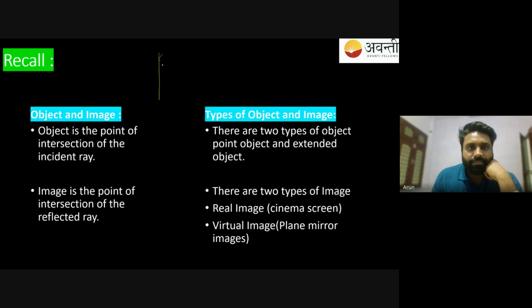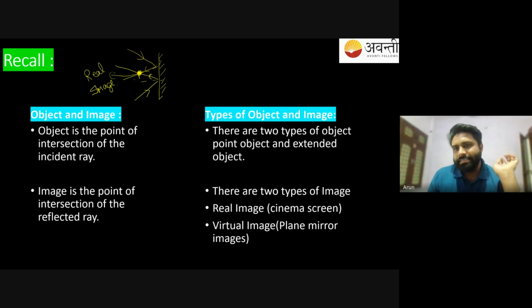If this is a mirror, and these are the incident rays, after reflection they will go in this direction, and they are actually meeting after reflection, as you can see. So this is the real image that we have.